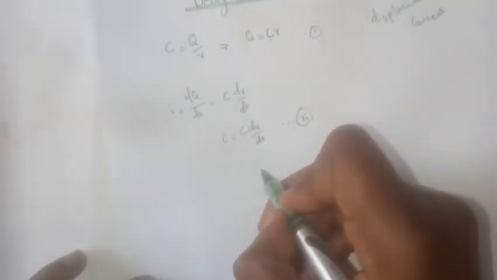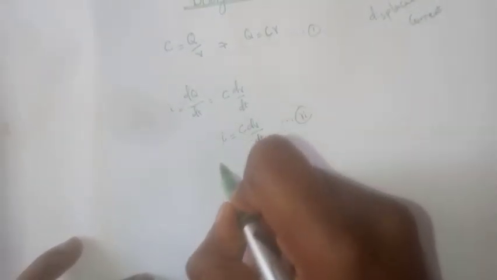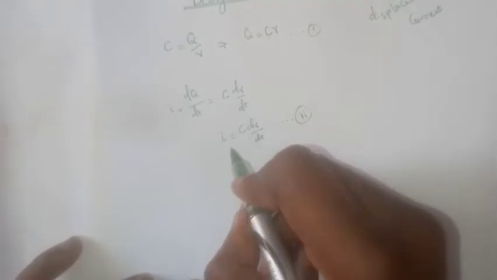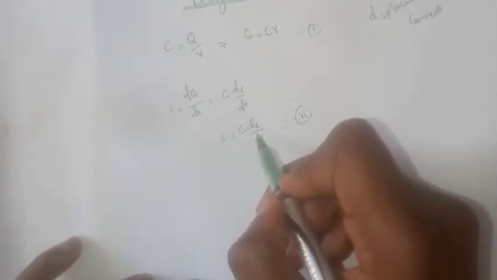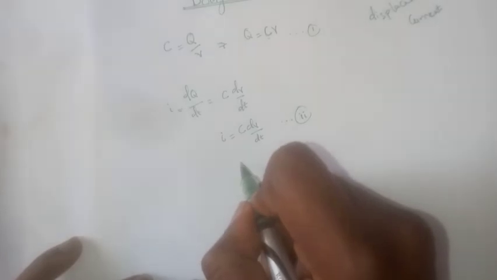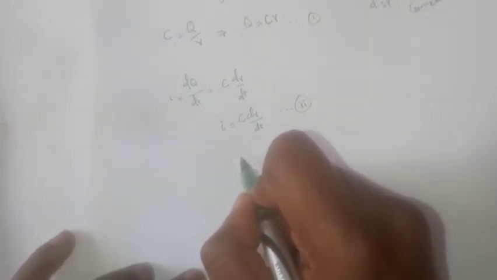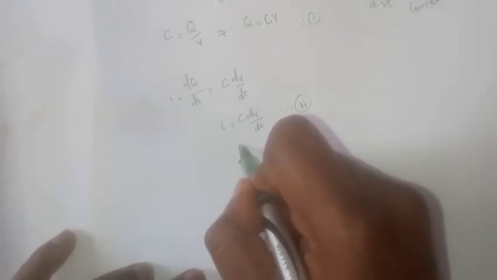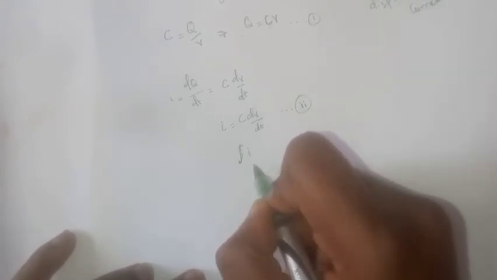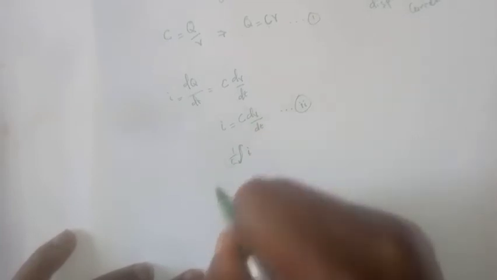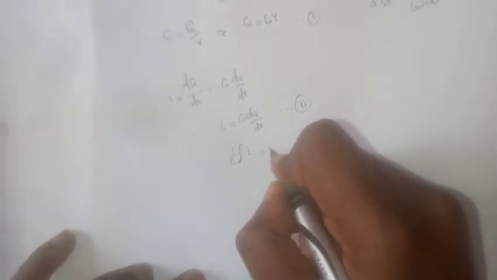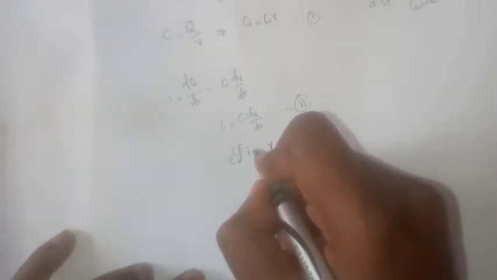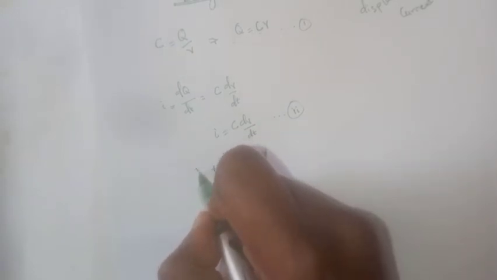This would mean that if we knew the value of the displacement current, we can estimate the value of the voltage V by integrating both sides, and we would have it as the integral of I over C dt equals V plus some initial condition.